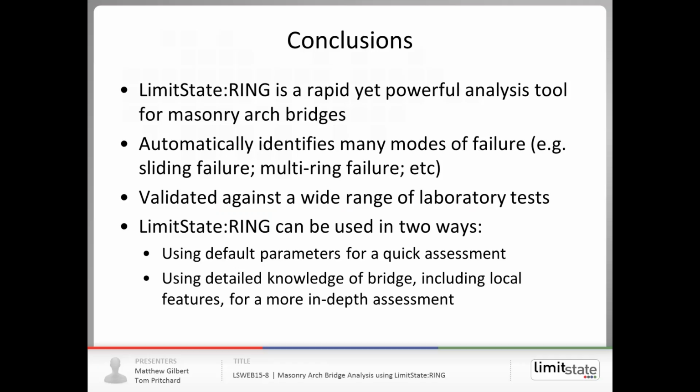We validated the software against a wide range of lab tests, and as I mentioned now several times, two usage modes: one using default parameters for a quick assessment, two using detailed knowledge to define local properties to allow you to get a very good structure-specific indication of the likely mode of response.